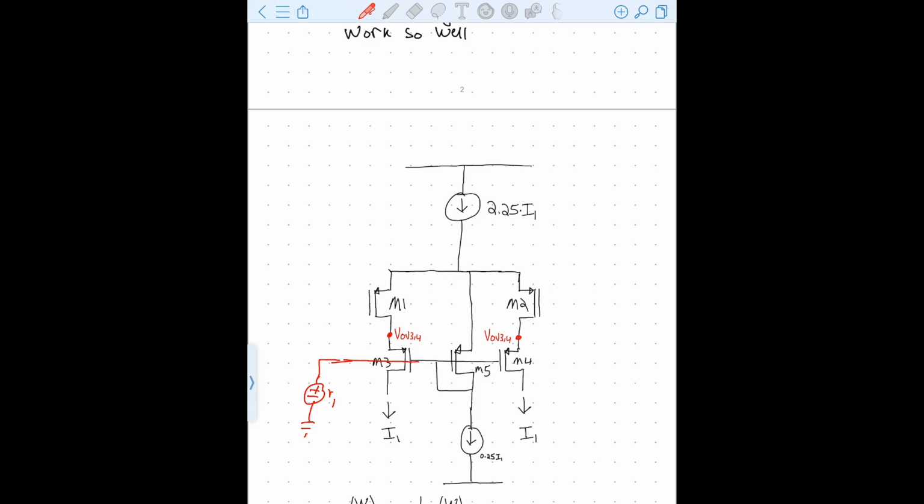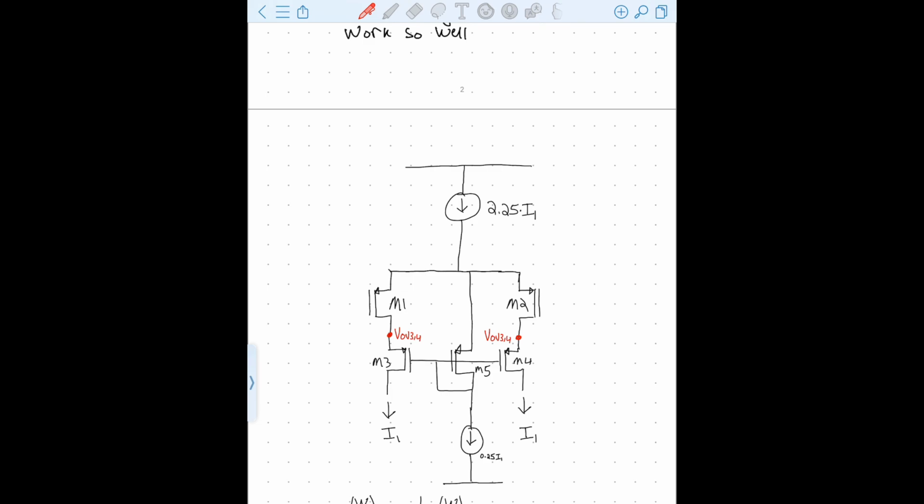Now, if we were to delete that and then apply the proper bias, and there's many ways to do that, but the one that I'm showing here is basically biasing off the VTail node.